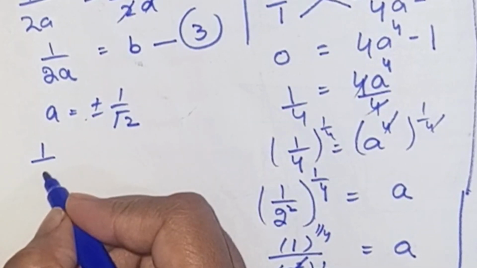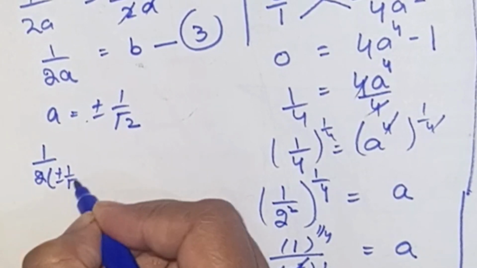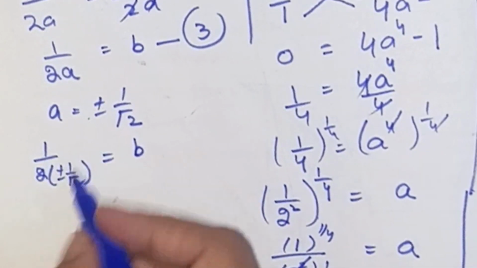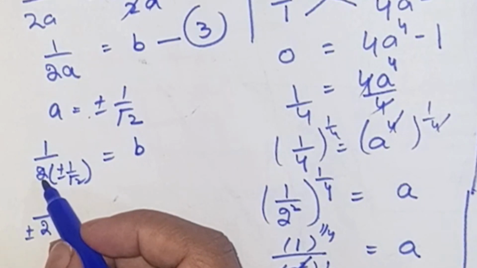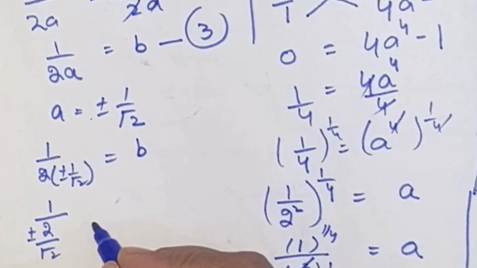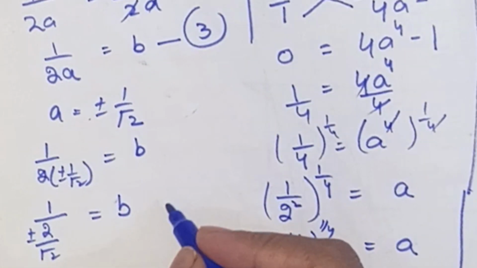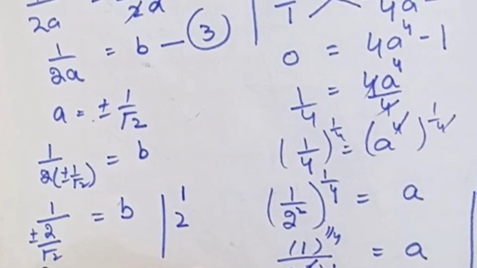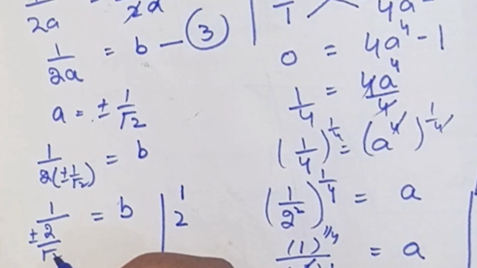So 1 over 2a, where a is equal to plus minus 1 over square root 2, is equal to b. So this will become 1 over plus minus, multiplying 2 by 1, we get 2 over square root 2 in the denominator. This is equal to b. Now we simplify this part. This is 2 with power 1, and this is square root 2, so the power of 2 is 1 over 2.